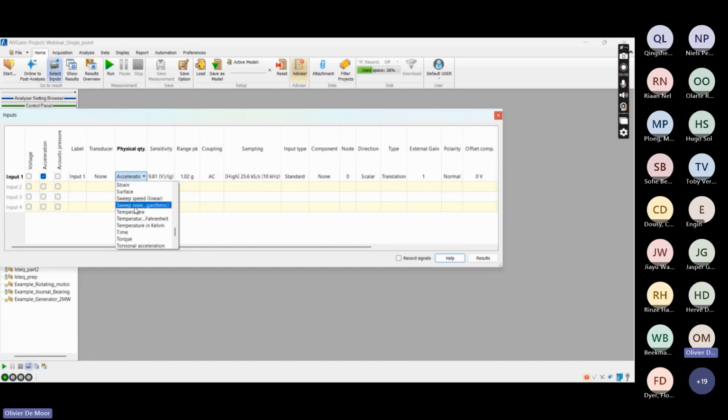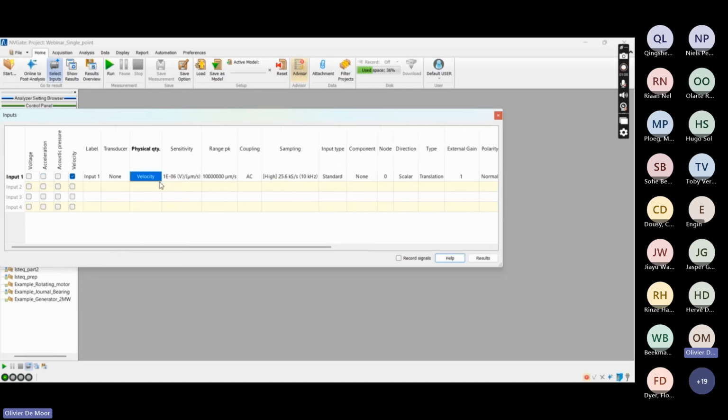So for the vibrometer, we will use a velocity sensor. Then the sensitivity changes into volts per micrometer per second. Depending on the range, the vibrometer is set to 5 millimeters per second. If we calculate that, that will be 400 times 10 to the minus 6 volts per micrometer per second.